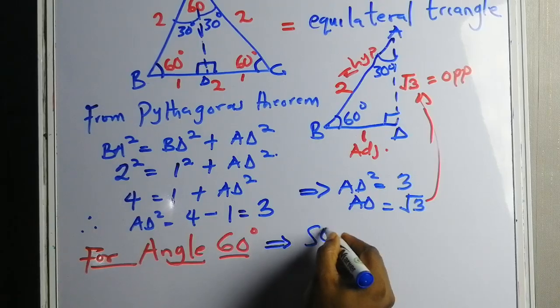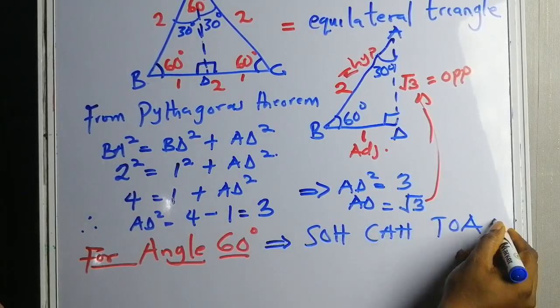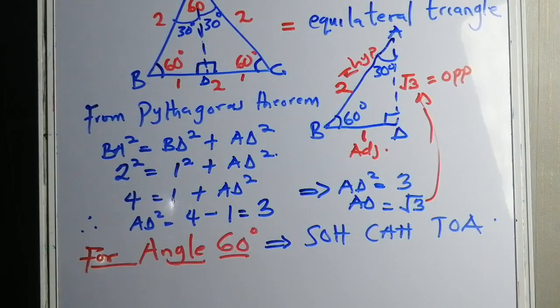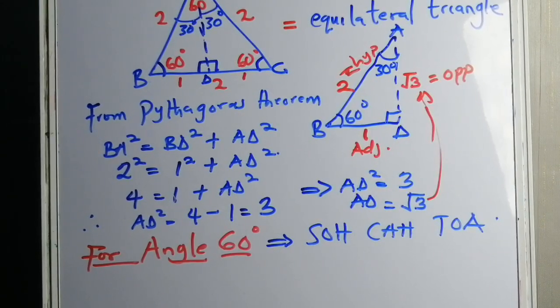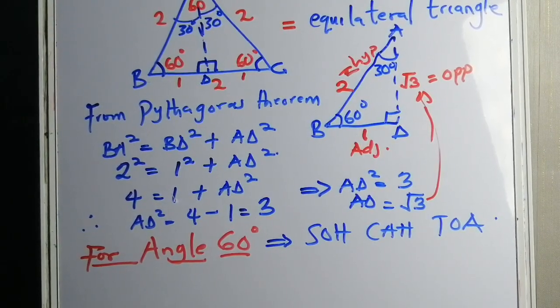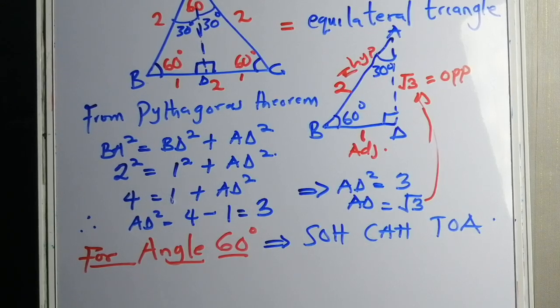That implies SOHCAHTOA. So in part 7 and part 8, we'll continue from here to show our sine 60, cos 60, and tan 60.